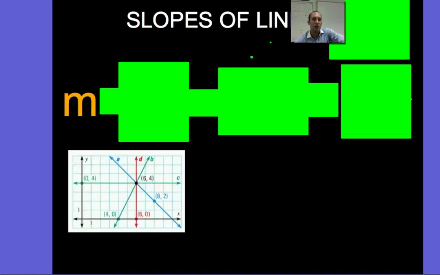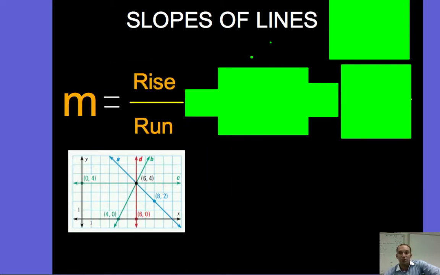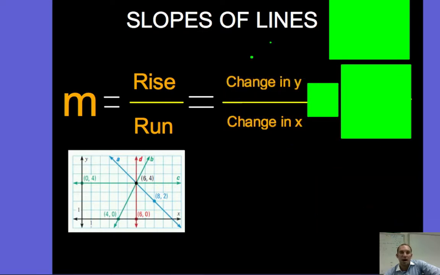All right, well, let's start off with the slopes of lines, which is usually starting with the m. So we know that the m equals the rise over the run. It's going up before it goes across. And that's also going to equal what we like to say, the change in y over the change in x.